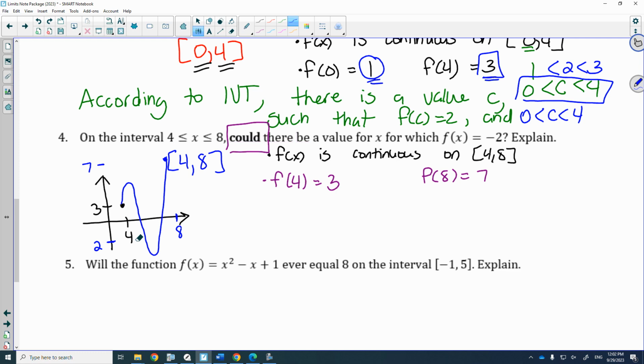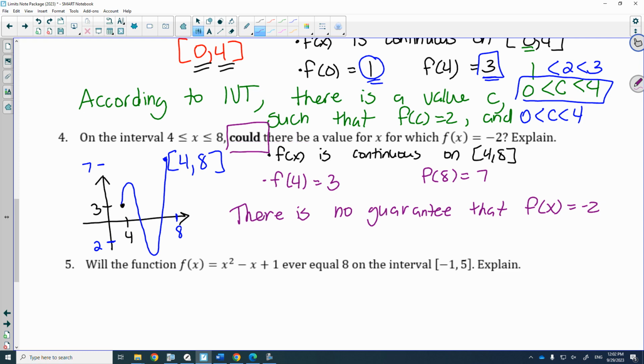So what we would say for this one is there is no guarantee that f of x is equal to negative 2. Right? There's no guarantee, because if it's a polynomial function, it's not going to go through negative 2 between that interval.